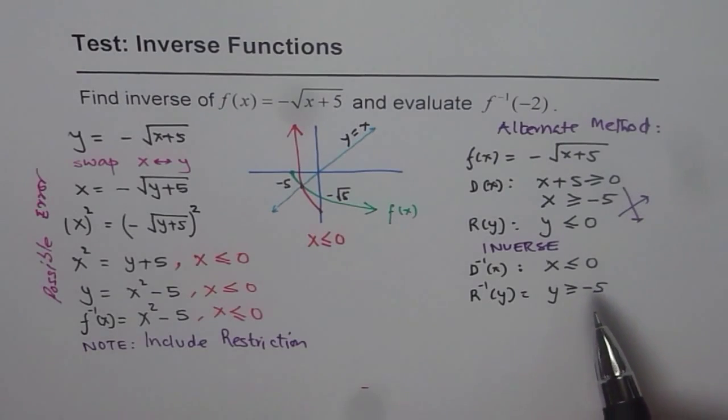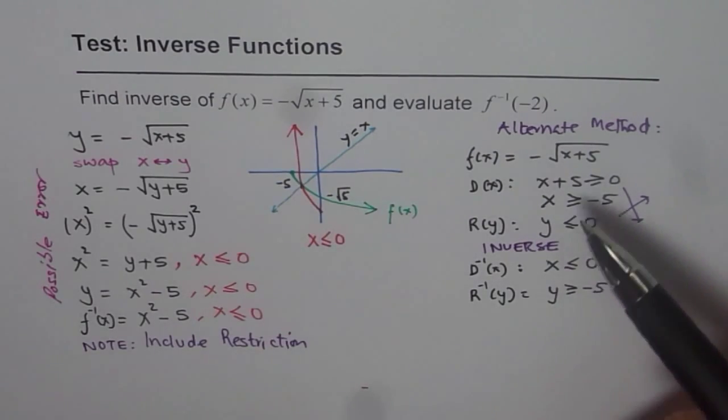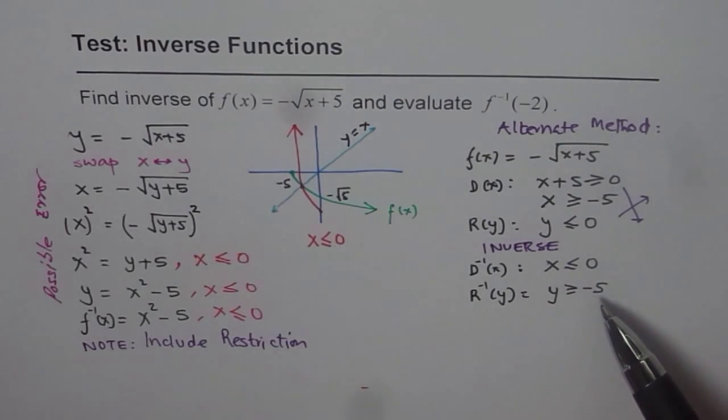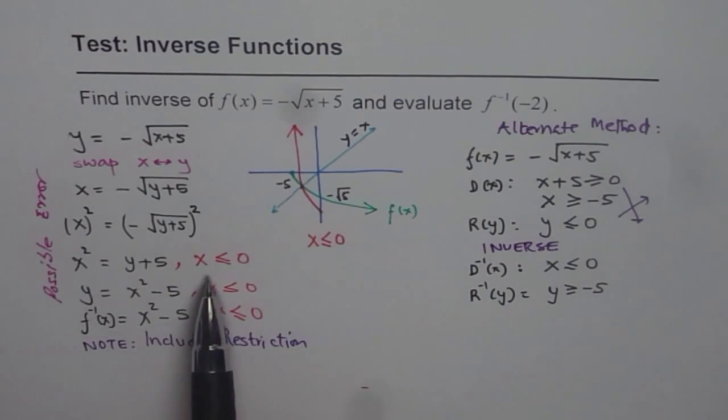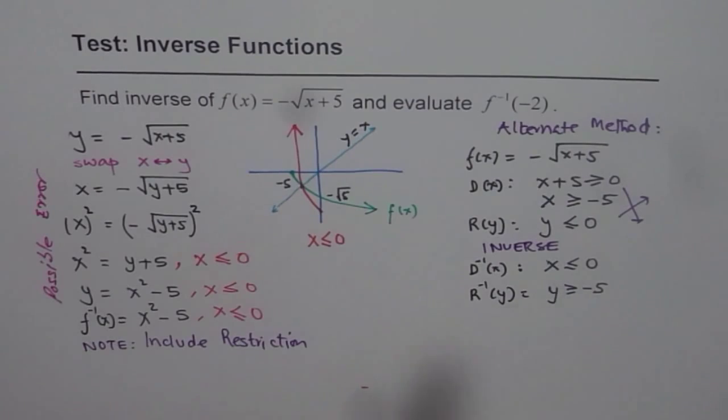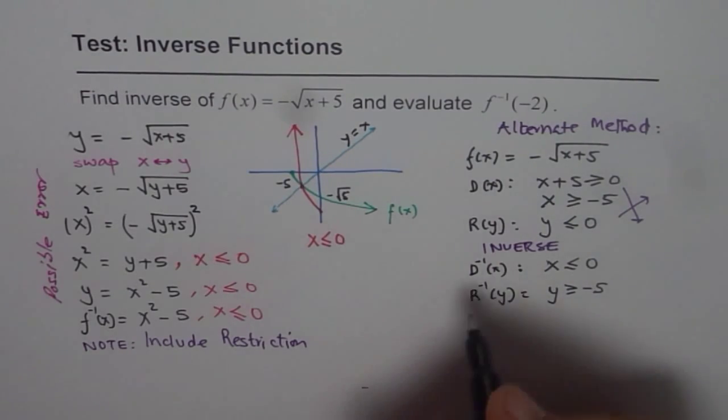So I suggest that when you get a question like this, you can work out the domain and range for the function and its inverse. Now you are very clear that in this solution what is to be included is the domain restriction, which is x less than or equal to 0. Correct? So I hope that now makes sense.